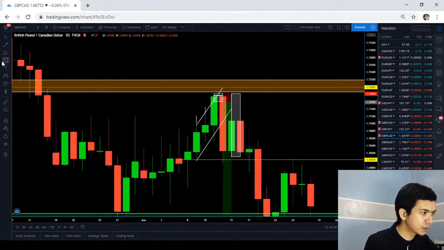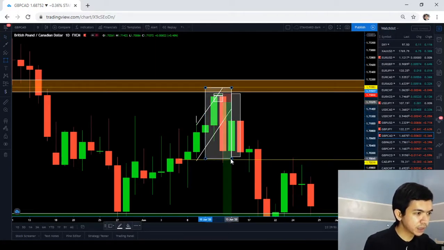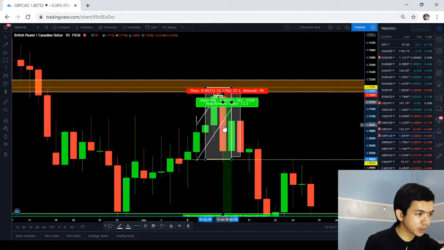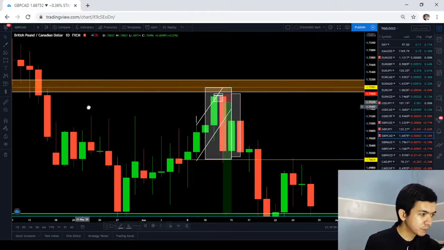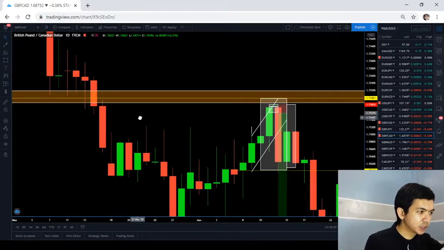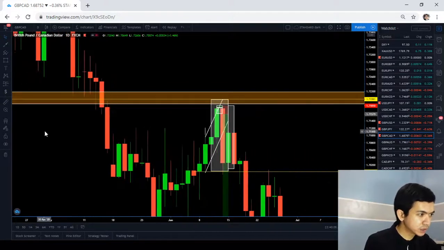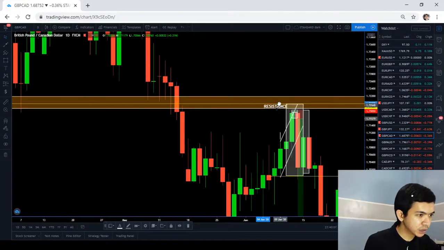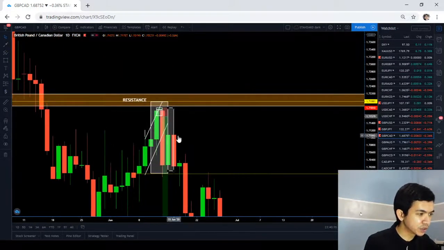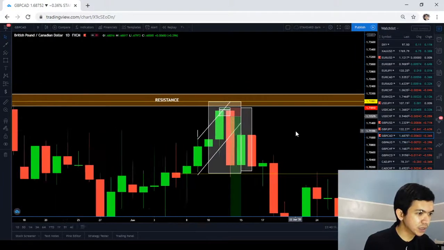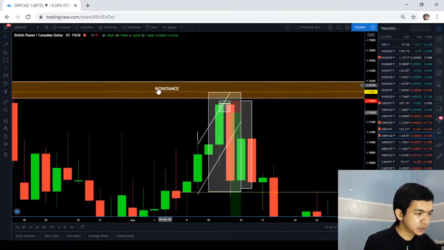Unang-una, meron tayong napakalaking engulfing candle which confirms that the market will continue to go down. And in confluence, siya ay nandito sa ating resistance or key resistance level or zone on a daily. That shows how strong this level is.